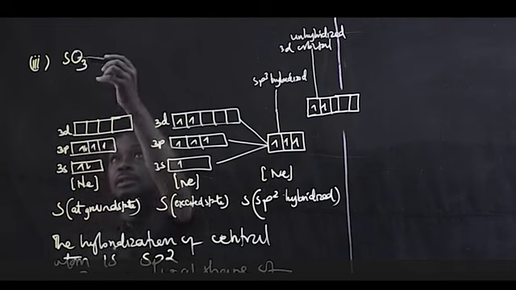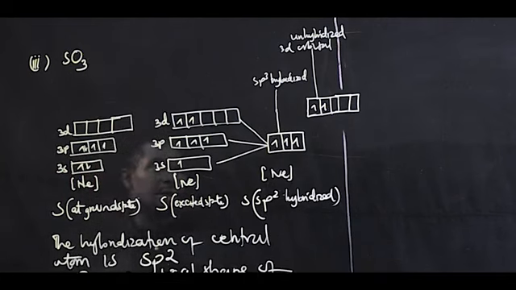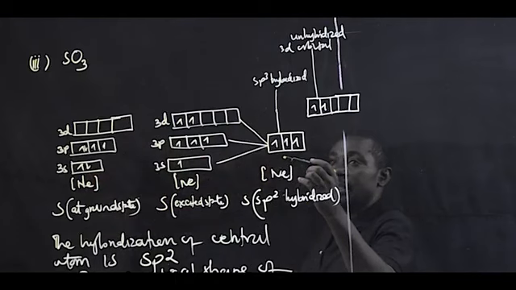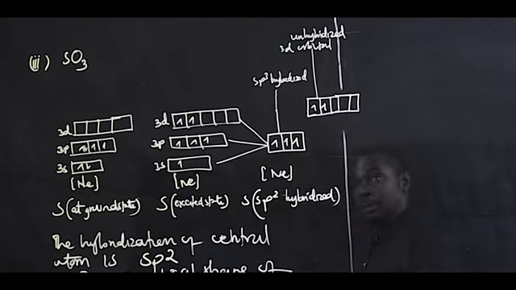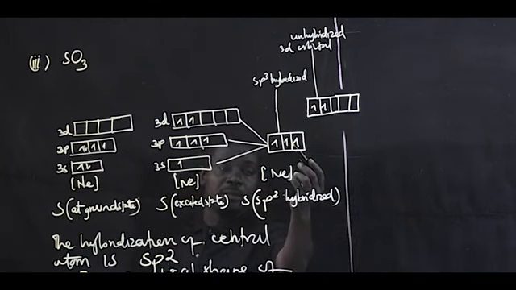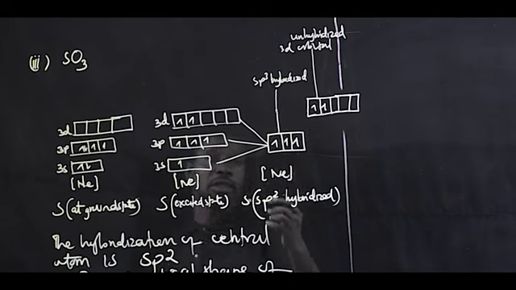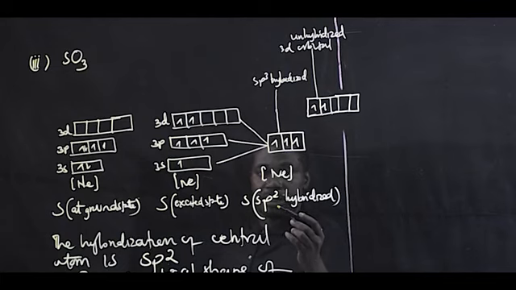So once sulfur combines with the 3 oxygen atoms, there is formation of 3 sigma bonds and 3 pi bonds. So these 3 sigma bonds are involved in hybridization. So the hybridization of the central atom sulfur is sp2.